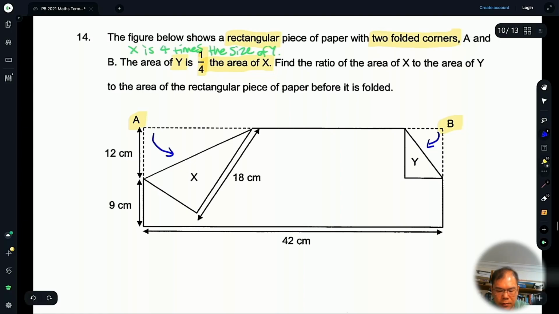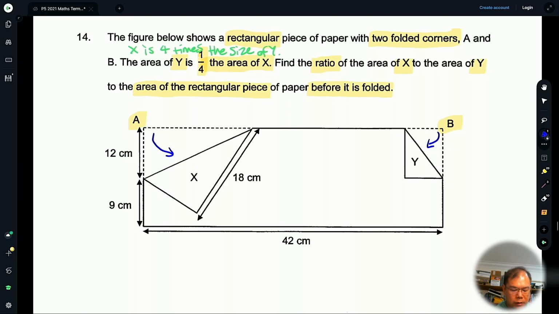Find the ratio of X to Y to the area of the rectangular piece of paper before it was folded. Right? So we need to find the area of X, Y, and the area of the piece of paper before it was folded, and then construct the ratio. Okay, so let's do it one at a time.